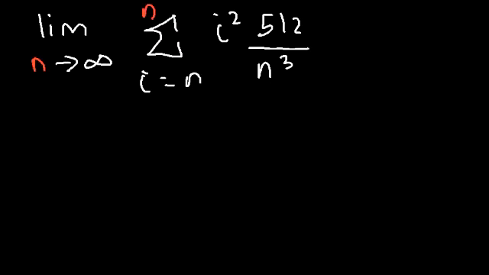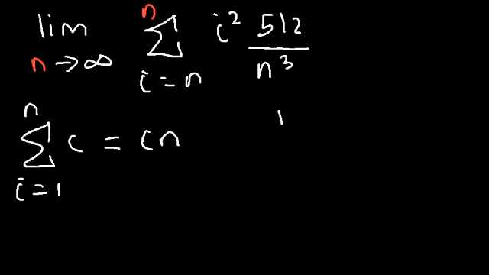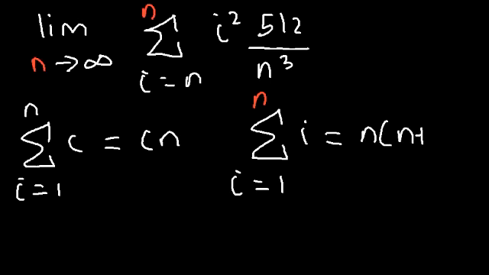Now we need to take a little detour. There are 4 equations that you need to know. The summation of a constant c, starting from 1 to n, is equal to cn. Make sure you write down these formulas, by the way. Now let's say this was i. The formula would then be n times n plus 1 over 2.